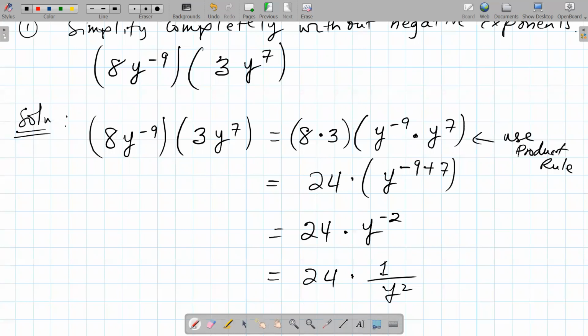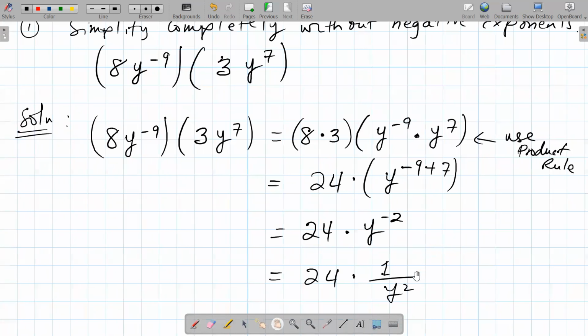If you go back to the notes and the rule, you will see. And I can divide this 24 by 1. So when I multiply numerators, it's 24. And I multiply denominators, it gives me y squared. And I'm all set.